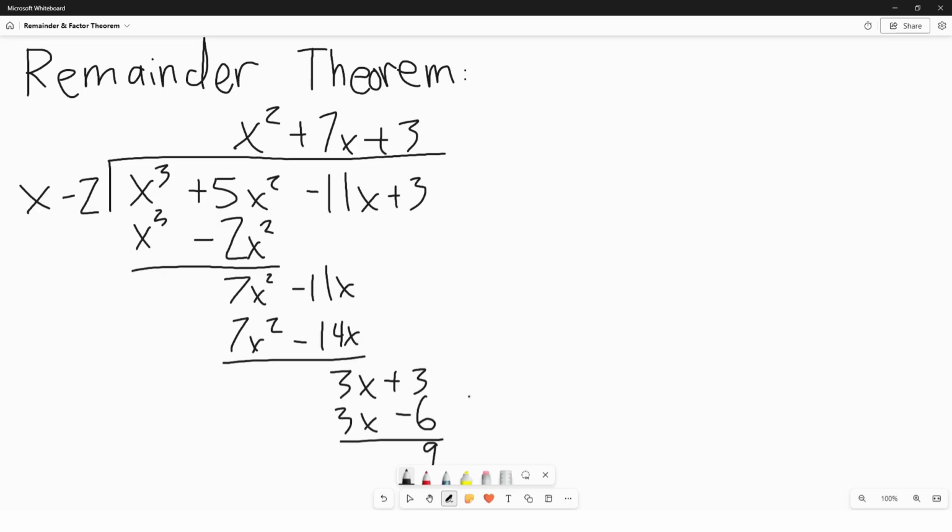And that was pretty easy. We just do long division and we wait until we get a single number at the end, and we got 9. But there's an easier way to find the remainder.